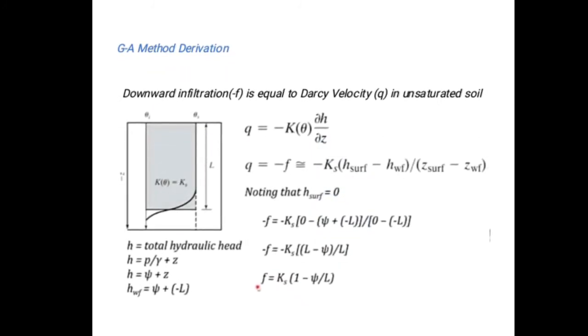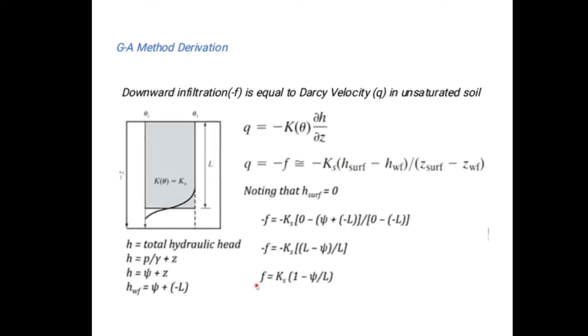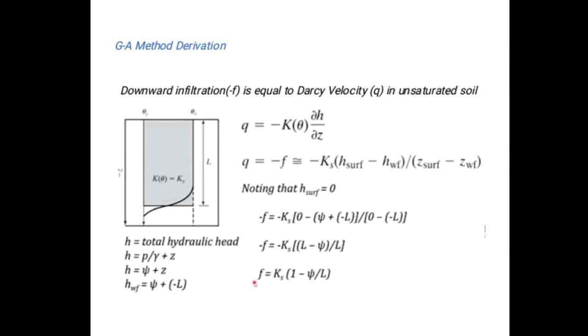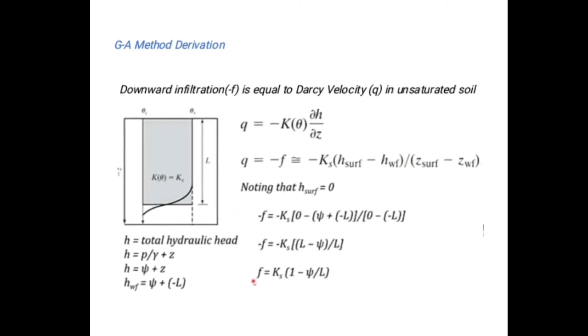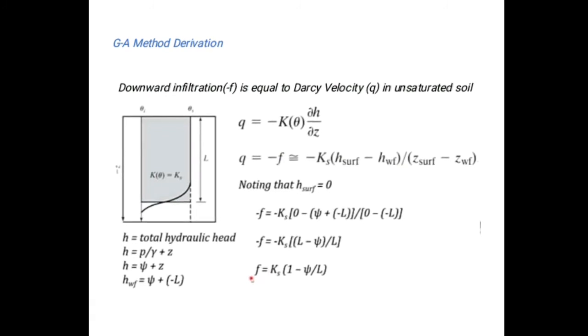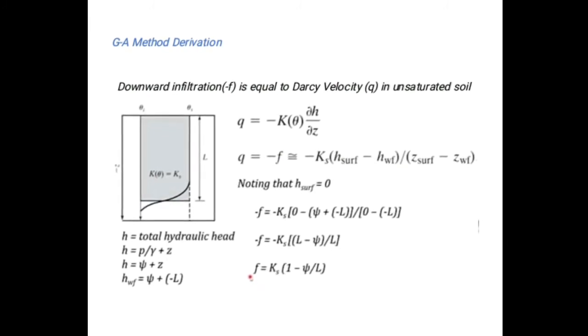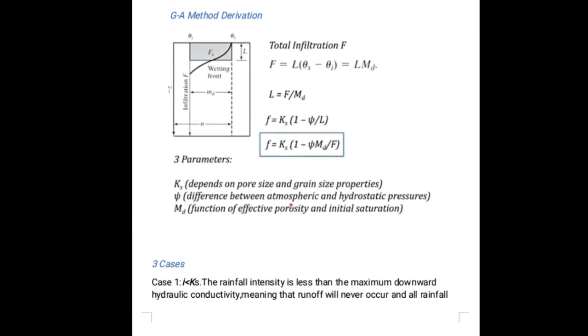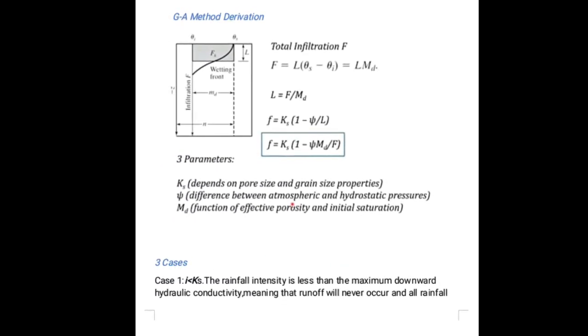Downward infiltration is equal to negative F, which is equal to Darcy velocity q in unsaturated soil. It is a method of derivation. Three parameters are specified depending on the pore size and grain size properties.